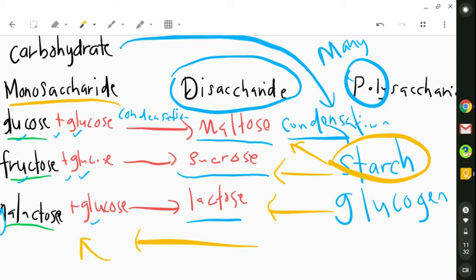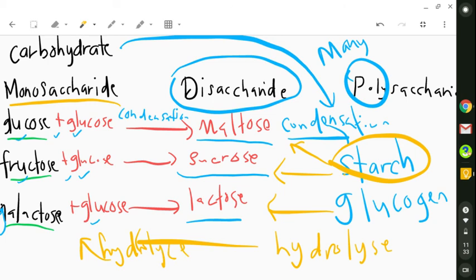We already learned how carbohydrate forms from monosaccharide, to disaccharide, to polysaccharide. Now we use that information to understand that the reaction is now backwards. From starch, it hydrolyzes to form a disaccharide and then hydrolyzes again to form a monosaccharide.